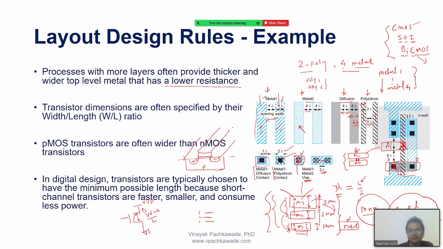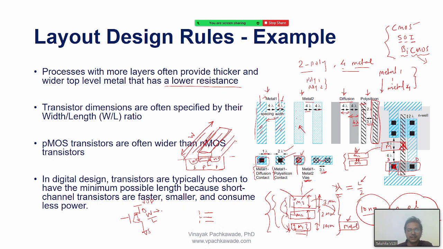So the channel length would be this one, the distance between source and drain, and the width would be how wide your transistor is. For example, if you use this rectangle, this is the width of your transistor. So the wider the width, the bigger the transistor dimensions.